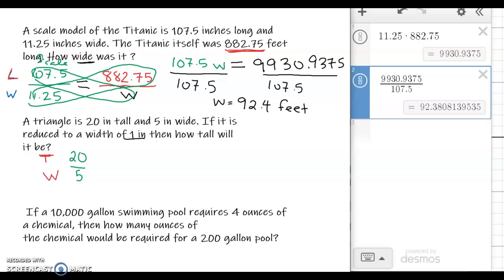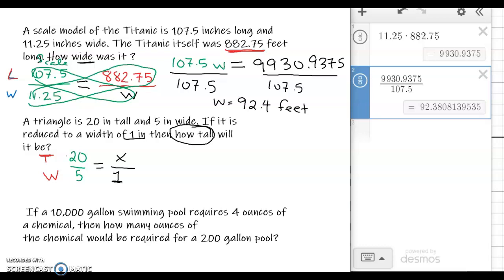And so what I have to be able to do is compare this to something. So 20 goes to 5. It's reduced to a width of 1. So width, I put in the bottom of my fraction, which means I need the 1 to be in the denominator. And then it's asking how tall. That means it doesn't know what goes up at the top, so I have to put an X there. Now I'm where I was before.